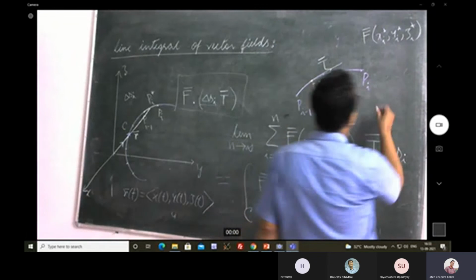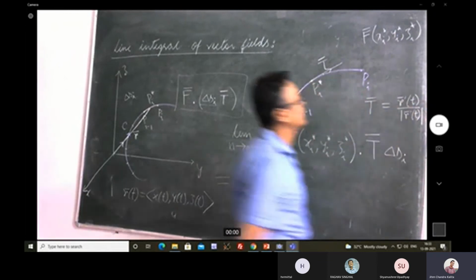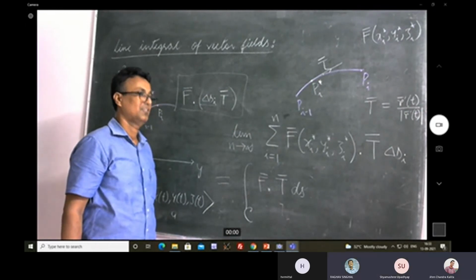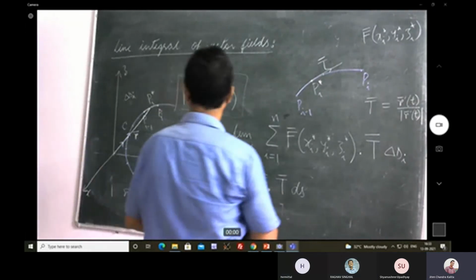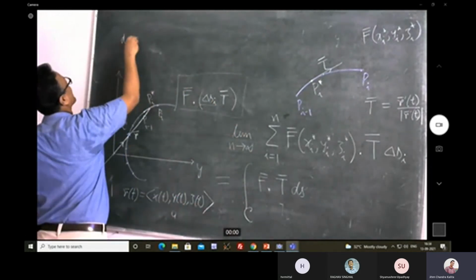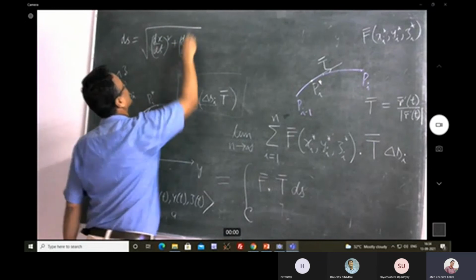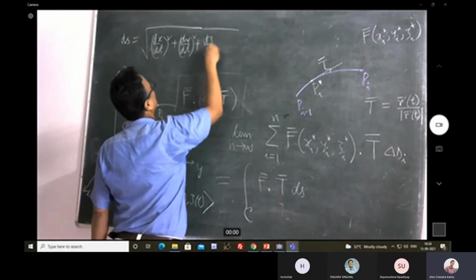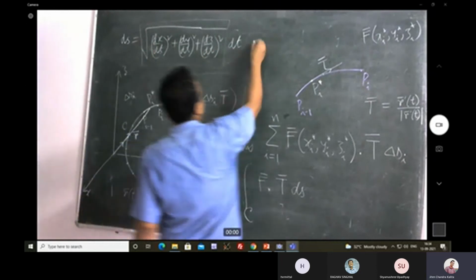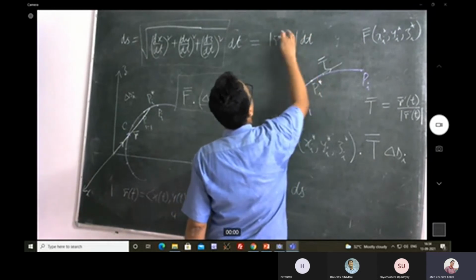Then you know that the unit tangent is simply given by r prime t divided by the magnitude of r prime t. Is it okay? Fine. And again, if you recall, ds is given by a square root expression. And what is the term under the square root? This is simply the magnitude of r prime t, isn't it?